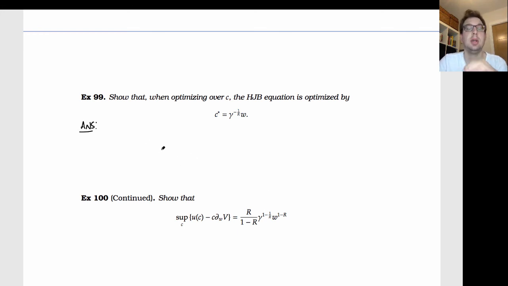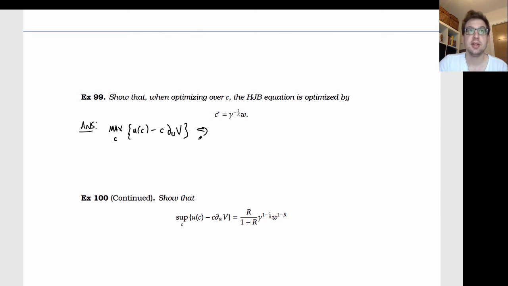Recall that from the HJB equation we had one term that was a maximization in C. It looked like this: u of C minus C times the partial derivative of V in w.